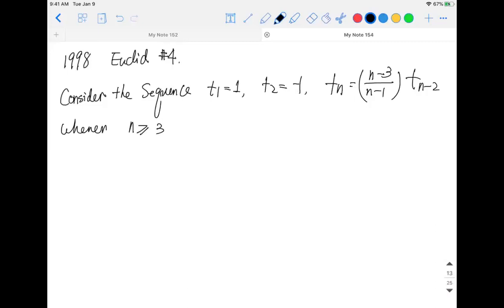Then what is the value of T1998? You see, all those problems look very similar, right? You need to be familiar with such a pattern.